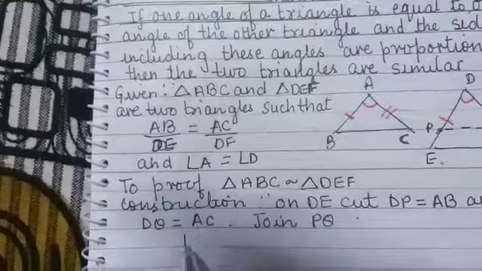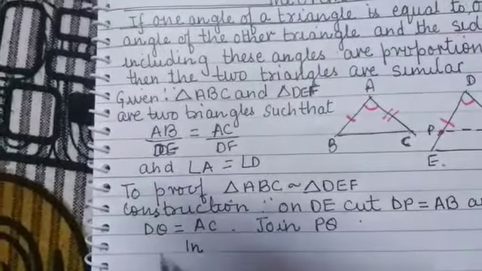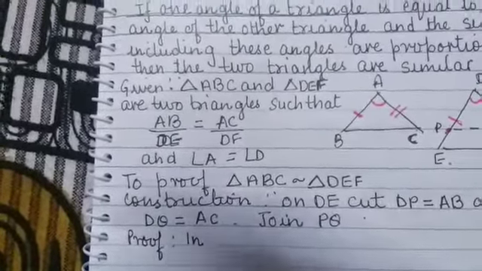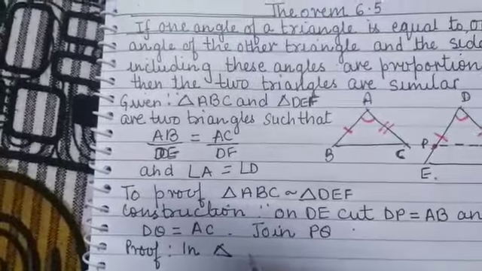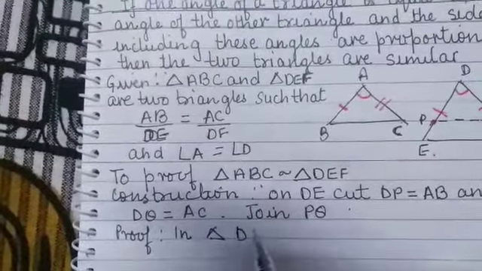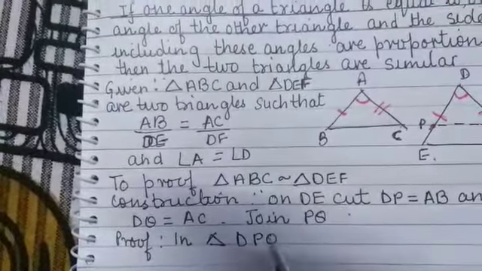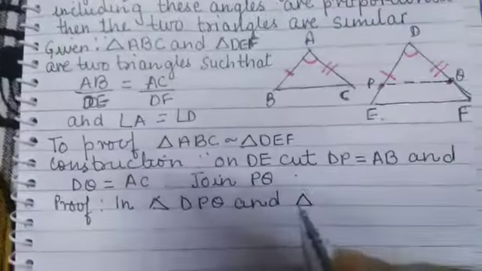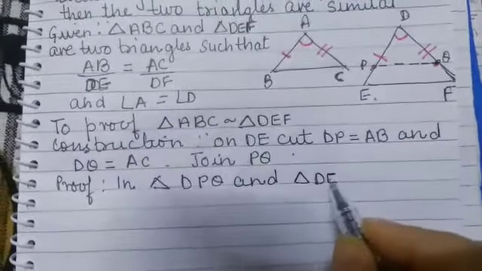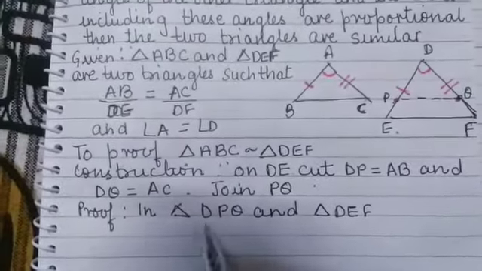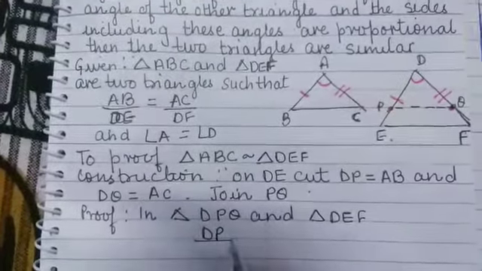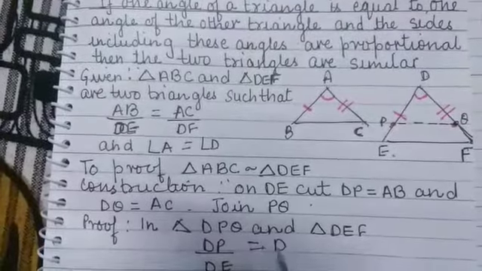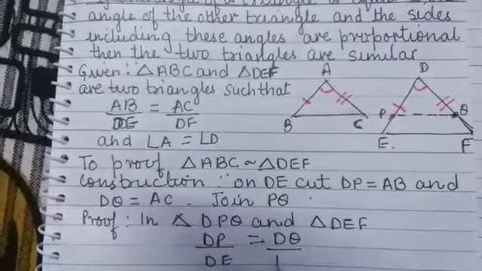Now it's a proof. In triangle DPQ and DEF, DP upon DE is equal to DQ upon DF.